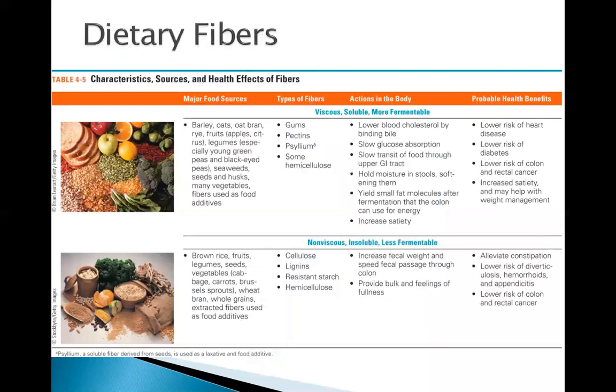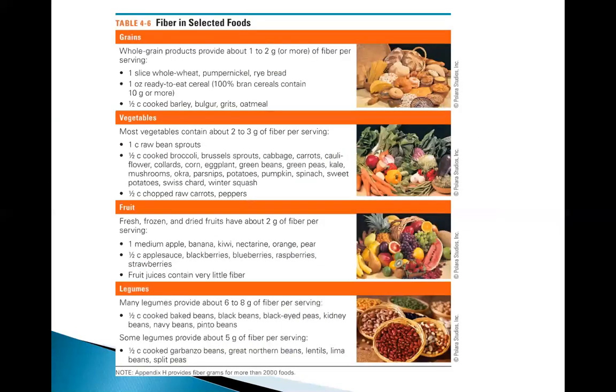Some sources of fiber, both soluble and insoluble. Here you can see where the soluble fiber would come from versus the insoluble. Soluble fiber helps lower blood cholesterol, slow glucose absorption, hold moisture, etc. More sources of fiber. This tells you exactly how many grams each food category has.